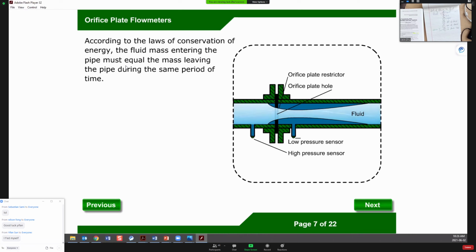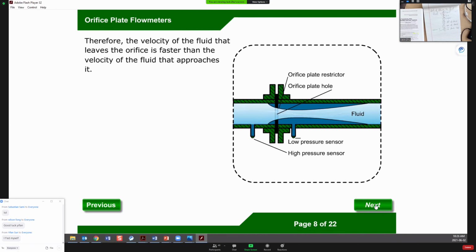The mass entering the pipe equals the mass leaving the pipe during the same period of time. The velocity of the fluid that leaves the orifice is faster than the velocity of the fluid approaching it. As the velocity increases, the pressure will decrease.